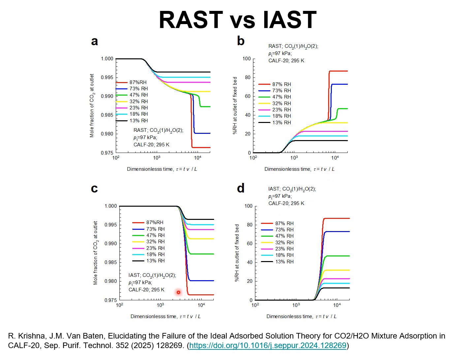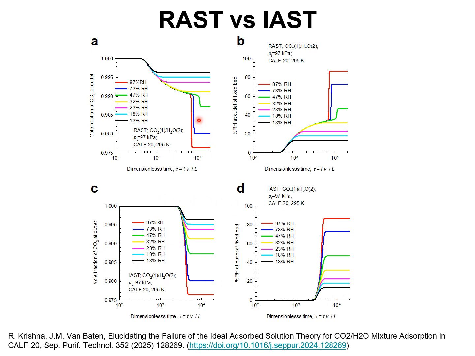The corresponding results in which the IAST is assumed for these calculations of mole fraction of CO2 at the outlet and percentage relative humidity at the outlet are shown in the graphs below.